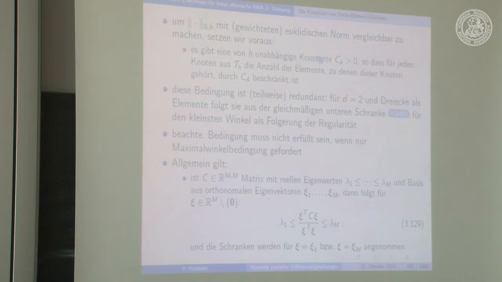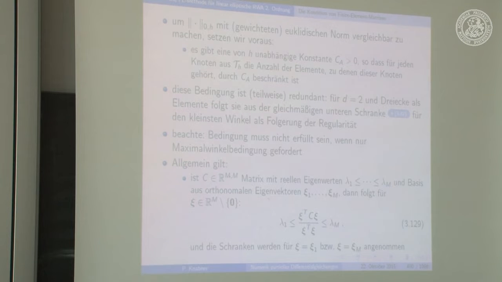We assume that the sequence of triangulations is such that there is a uniform constant C_a, a natural number, independent of h, such that the number of elements to which a general node belongs is bounded by C_a. So it's not possible, as I go through the refinement process of the sequence of triangulations, that I get more and more elements accumulating around one point.